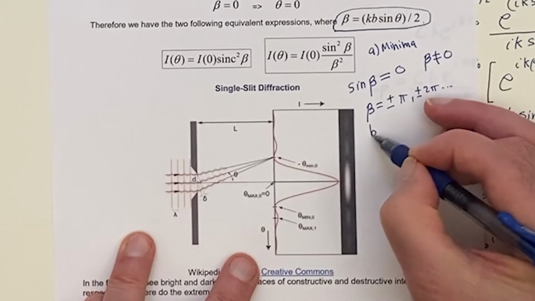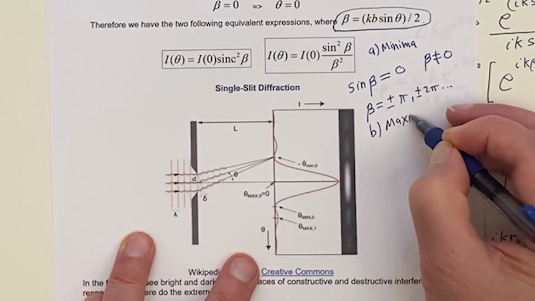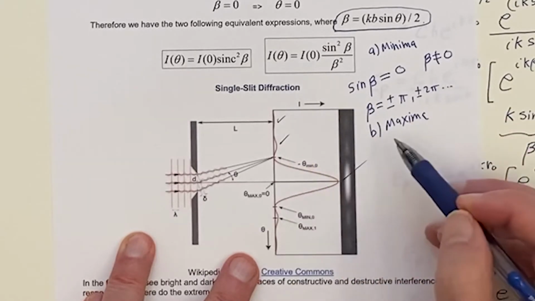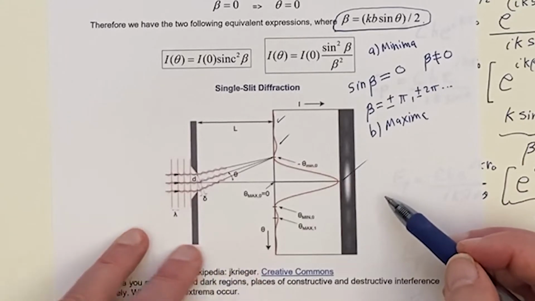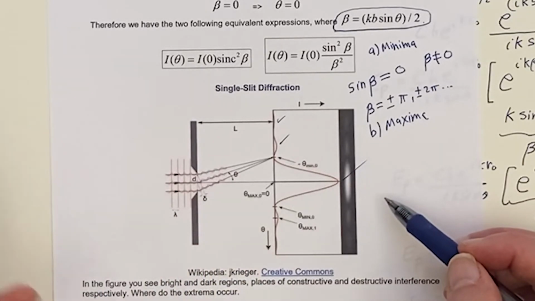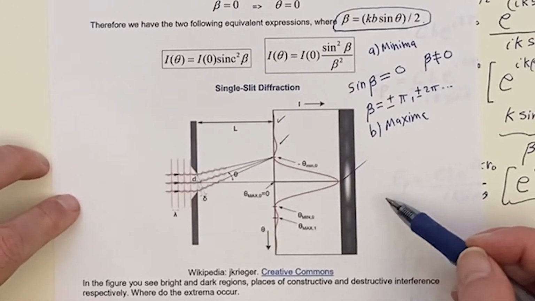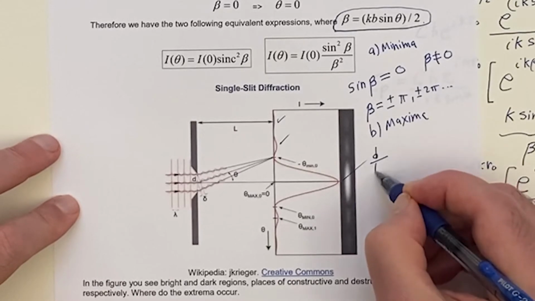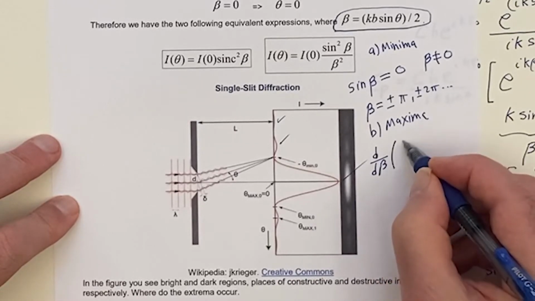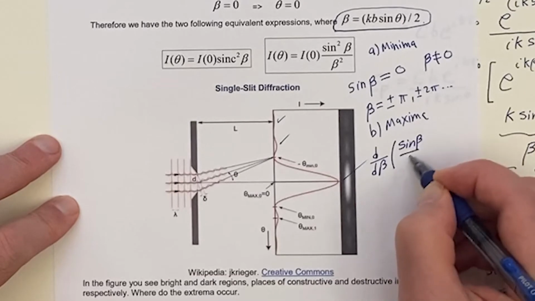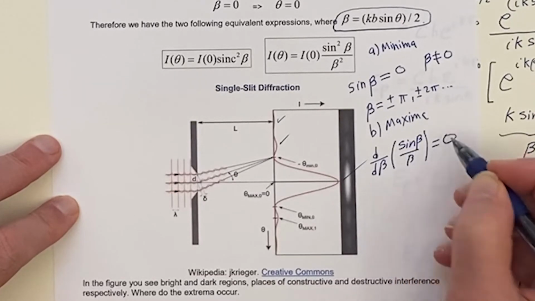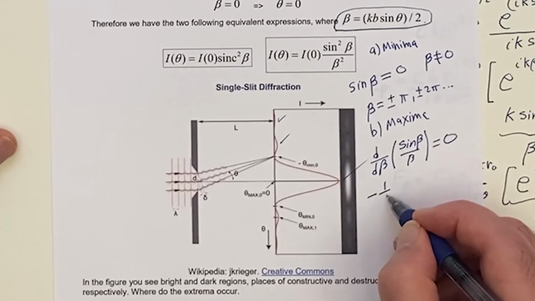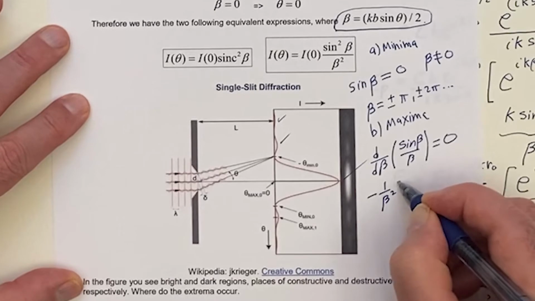Now the maxima, because see, here's a maxima there, there's one there, and of course the central maximum there. That one's tricky because for that one, if we take the derivative, say d beta of the sinc function, and set it equal to 0, then we have minus 1 over beta squared times the sine of beta.